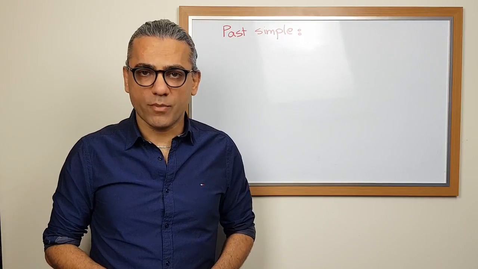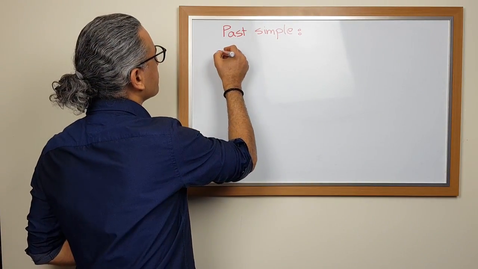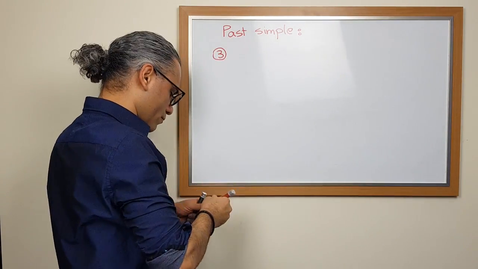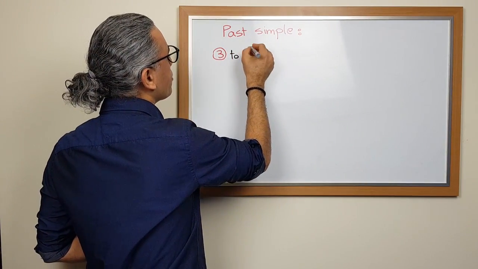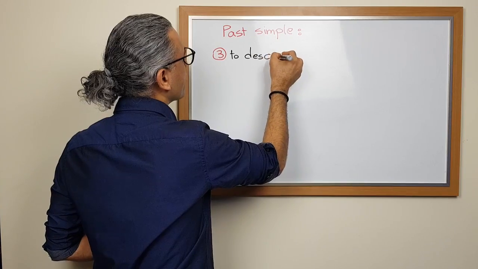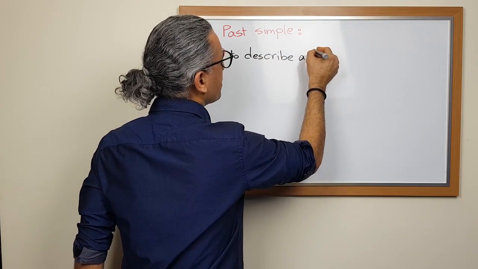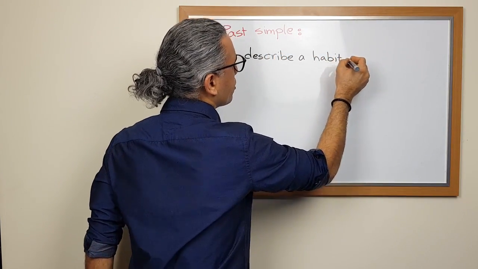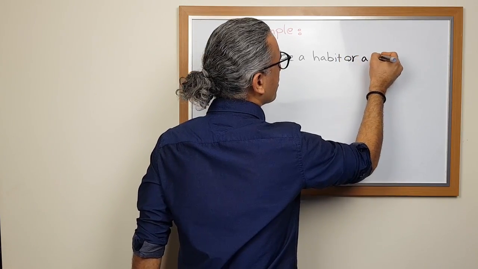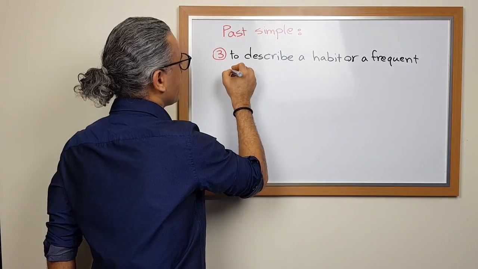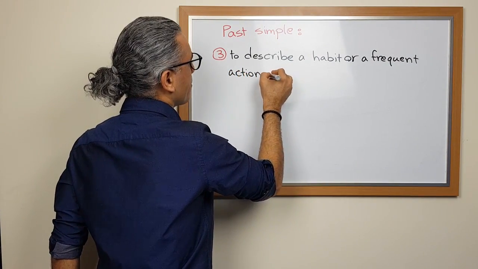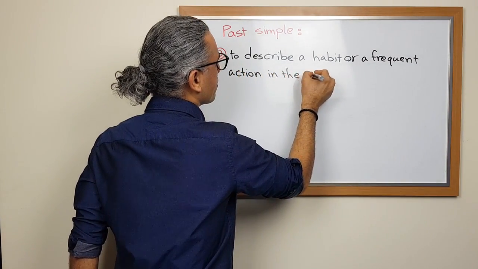Function number three of past simple. We use past simple to describe a habit or a frequent action in the past.